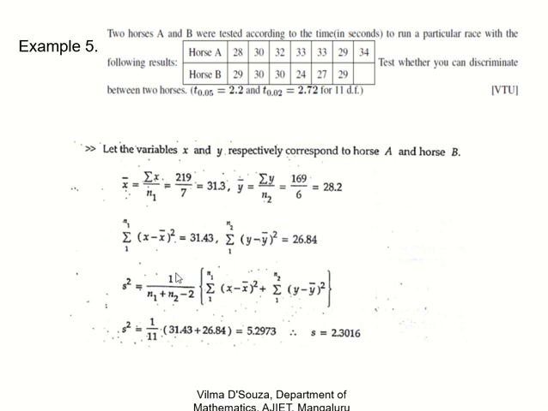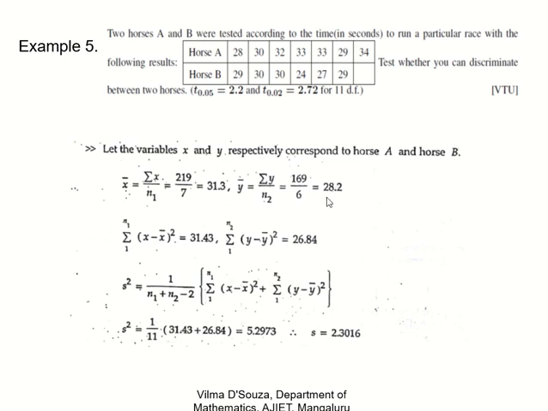What is x bar? x corresponds to horse A and y corresponds to horse B. x bar is equal to sigma x by n1. So add all and divide by 7, that comes as 31.3. y bar is sigma y by n2, 169 by 6, that is 28.2.